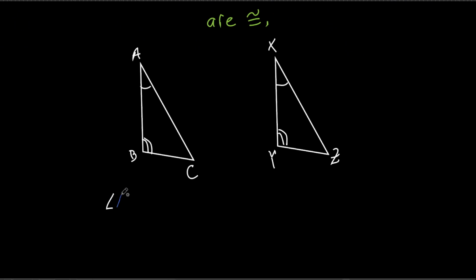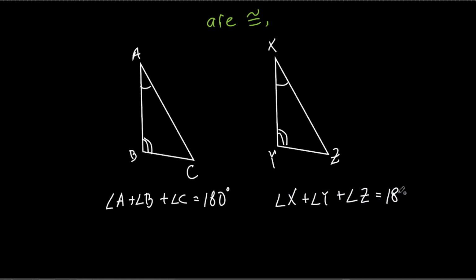Because look at this. Angle A plus angle B plus angle C is equal to what? A, B, and C, I know for a fact that they're equal to what? 180. Okay. Now, over here, I know that angle X plus angle Y plus angle Z is also equal to what? 180.